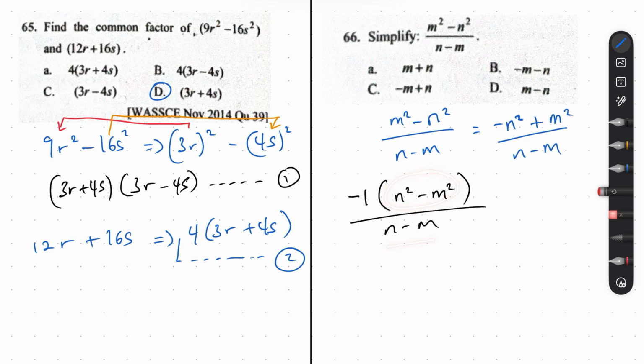Okay, cool. So now let's simplify. We still have our negative 1. Negative 1 times n plus m, n minus m, all over n minus m.